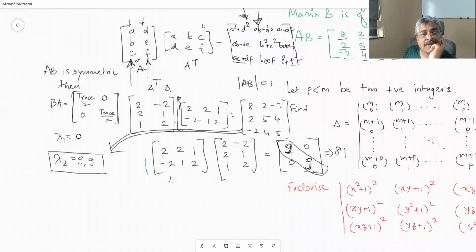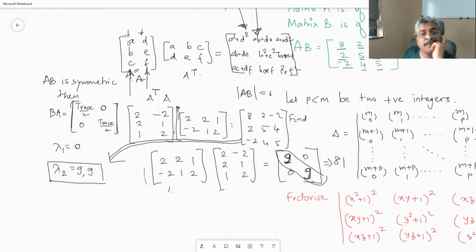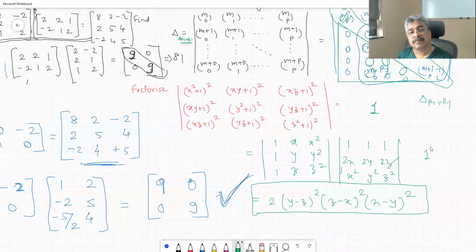And this problem, second, the p plus 1 by p plus 1 determinant is to be solved by subtracting the kth row from the k plus 1th row. And then you will end up with a delta p by p, which will look exactly like the original one.